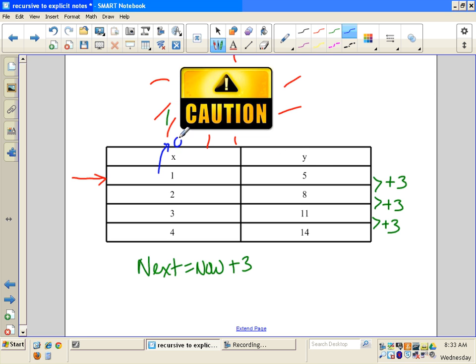So when x is 0, what's y? So what would this number be so that when I add 3 to it, I get 5? Or if I subtract 3 from 5, I get 2. So you need to make sure that your starting at value is when x is 0. So in this case, it's 2. So my y equals equation is going to be 3x plus 2.